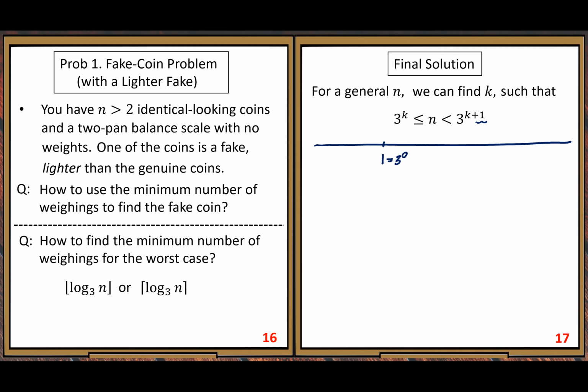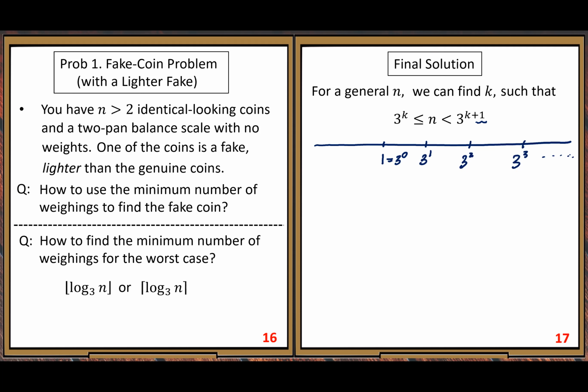So the first one, then 3 to the first, then 3 squared, and so on. It may not be to scale because I do not have a lot of space, okay? I only draw powers of 3.